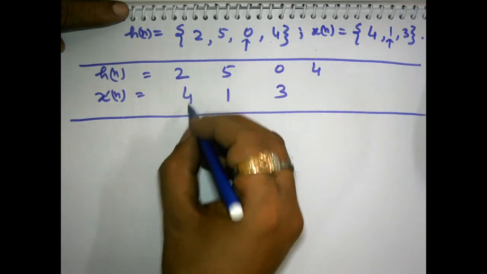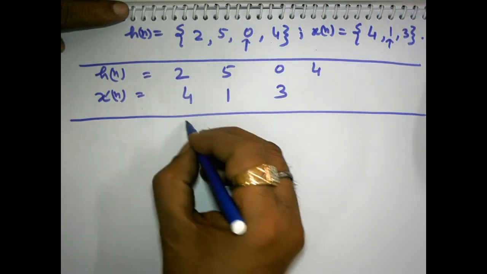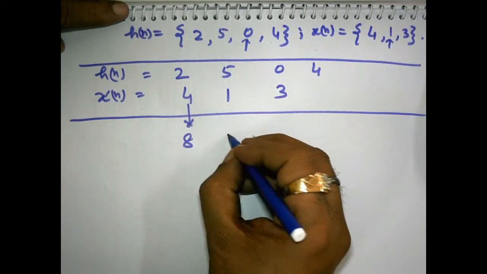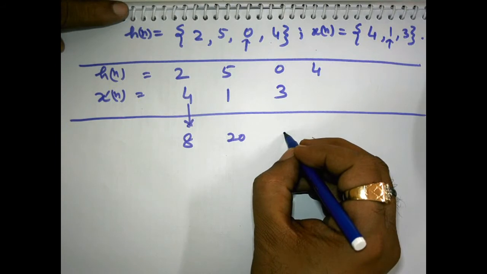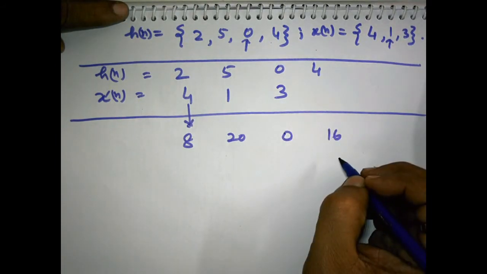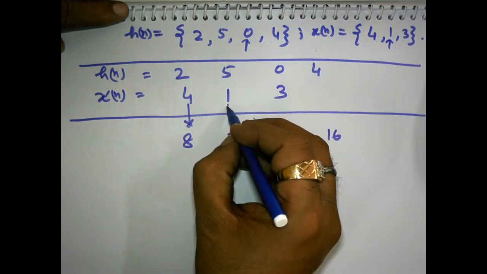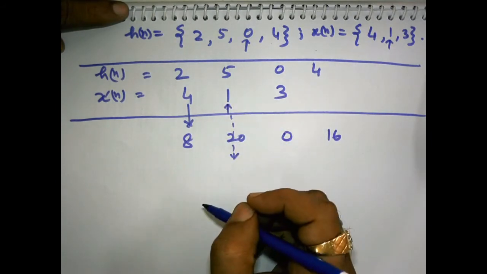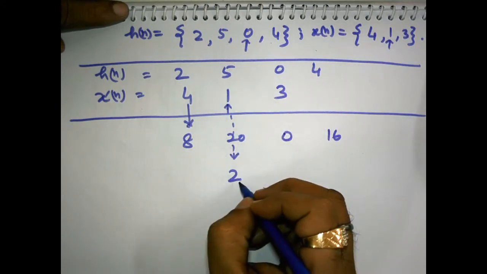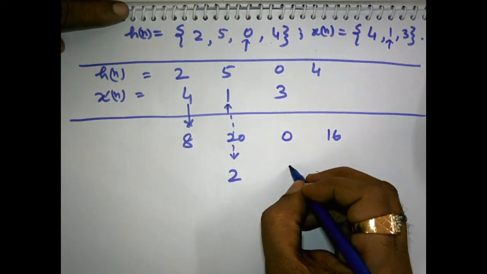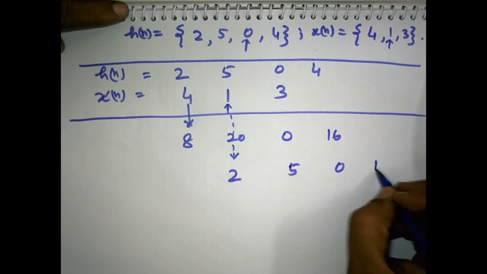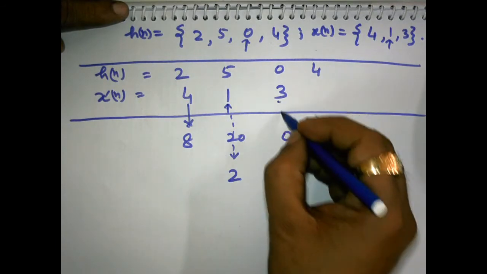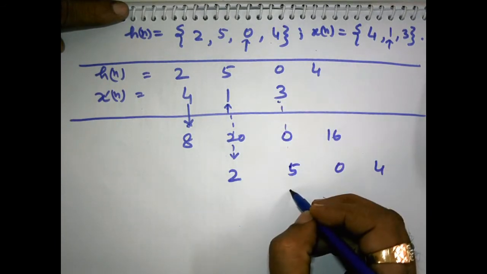You start multiplying and you start writing your very first output immediately below this. This means 4 times 2 is 8, then 20, 0 and 16. Okay. When you start multiplying by the next sample, you write the output immediately below this: 2, 5, 0 and 4.